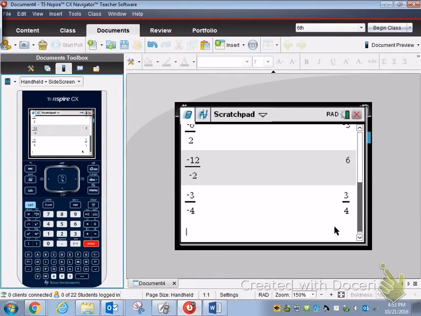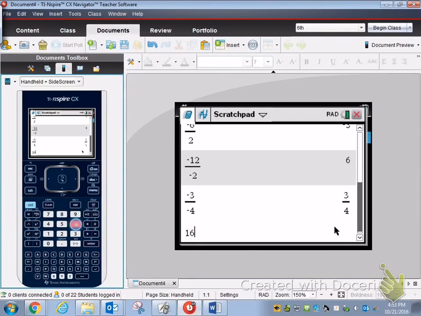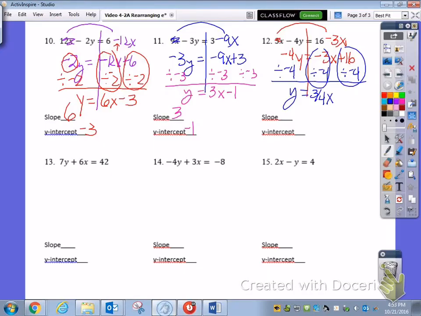That's a positive 3/4. If it comes out as a fraction, leave it as a fraction, positive 3/4 x, and then do 16 divided by negative 4. So 16 divided by negative 4, and that equals minus 4. Negative 4. So the slope is 3/4, the y-intercept is negative 4.